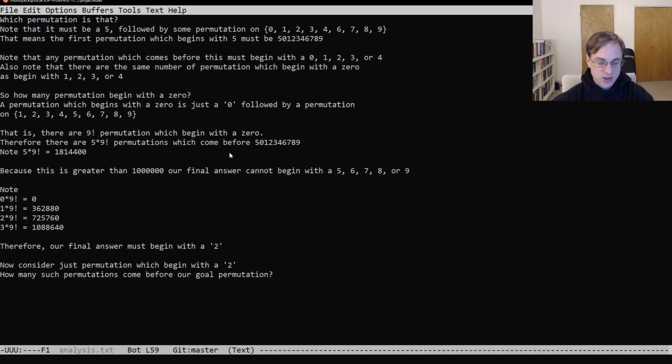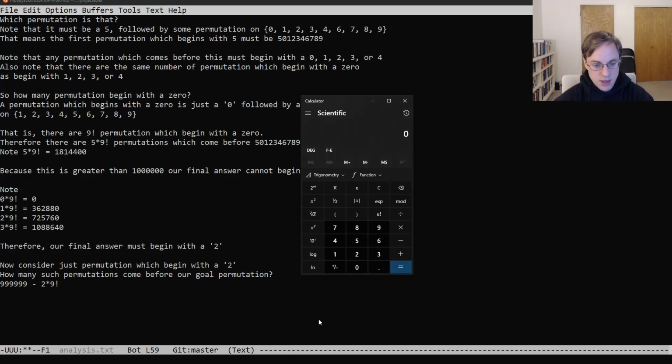And so that's just going to be our target number, 999,999, minus the number of permutations that start with a 0 or a 1. And so that's just going to be 999,999 minus 2 times 9 factorial. And so pull up our calculator. 999,999 minus 2 times 9 factorial, and that gives us this number here.